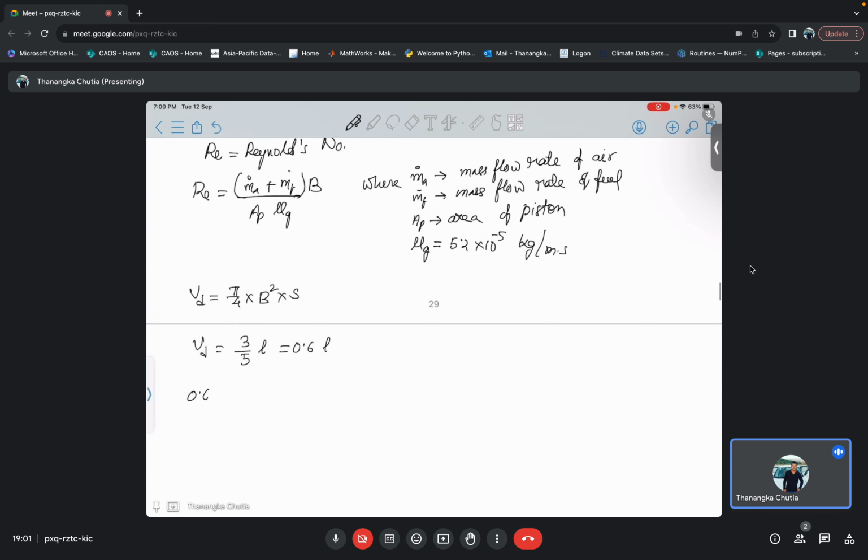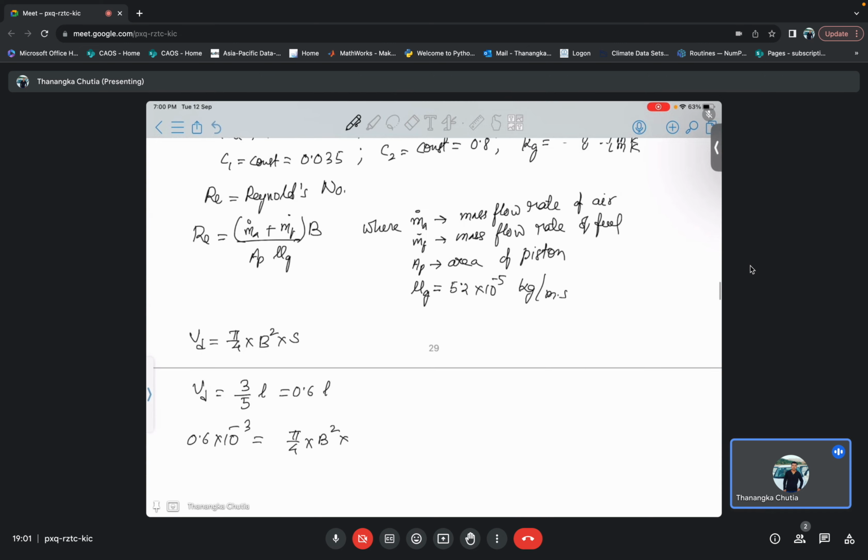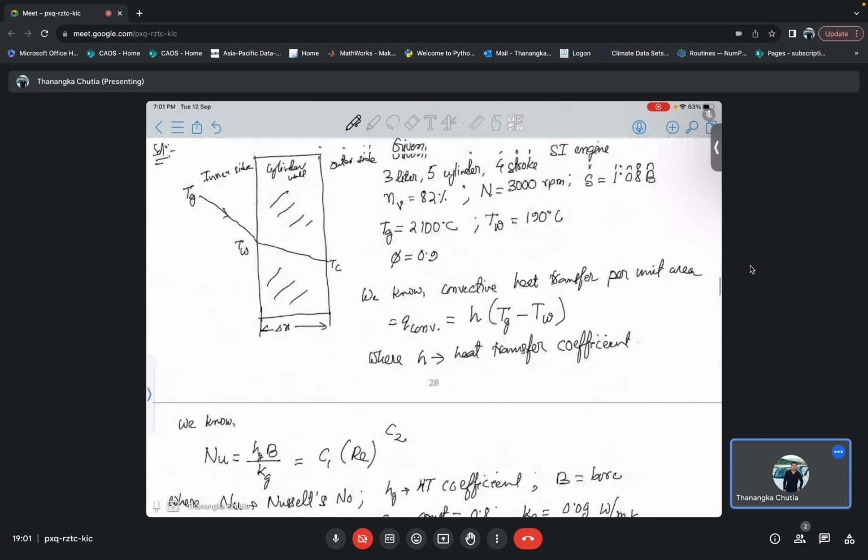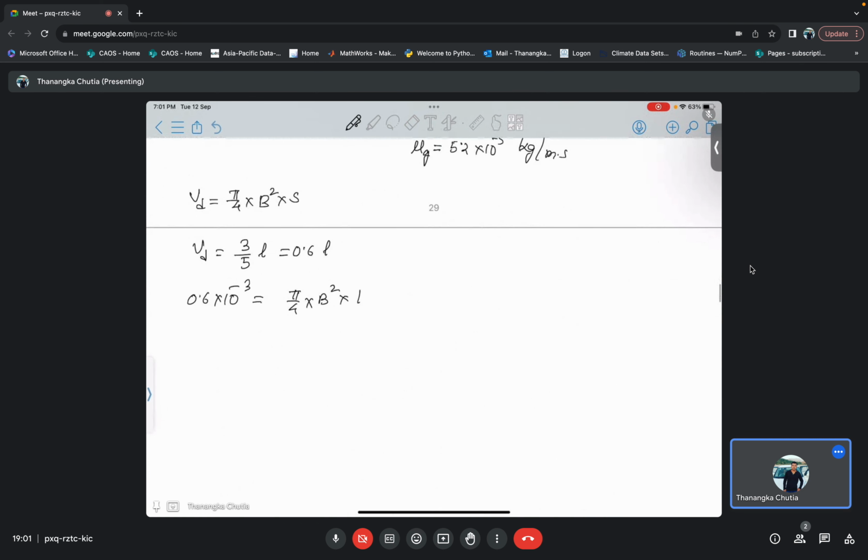So 0.6 into 10 to the power minus 3 equals pi by 4 B square into 1.08 B. So B cube is equal to 4 into 0.6 into 10 to the power minus 3 divided by pi into 1.08, all to the power 1 by 3.